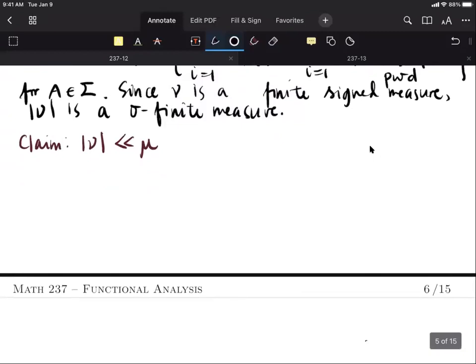Okay, so to start, in virtue of the definition of the total variation measure, we consider an element A in sigma and a partition of A.